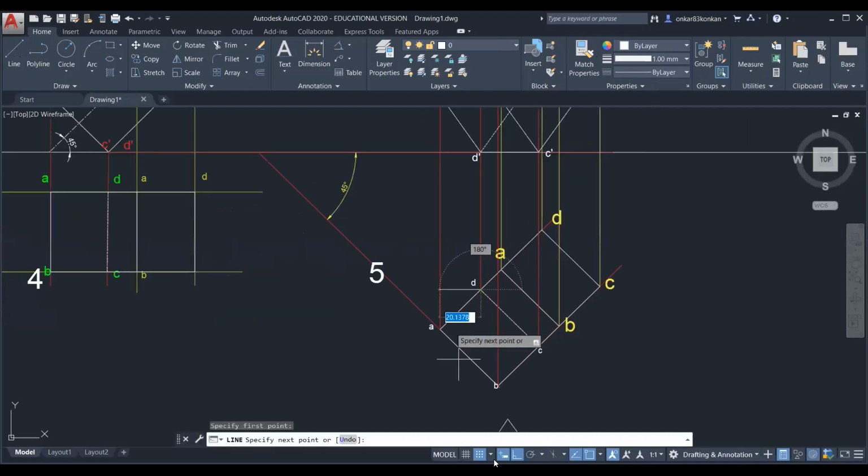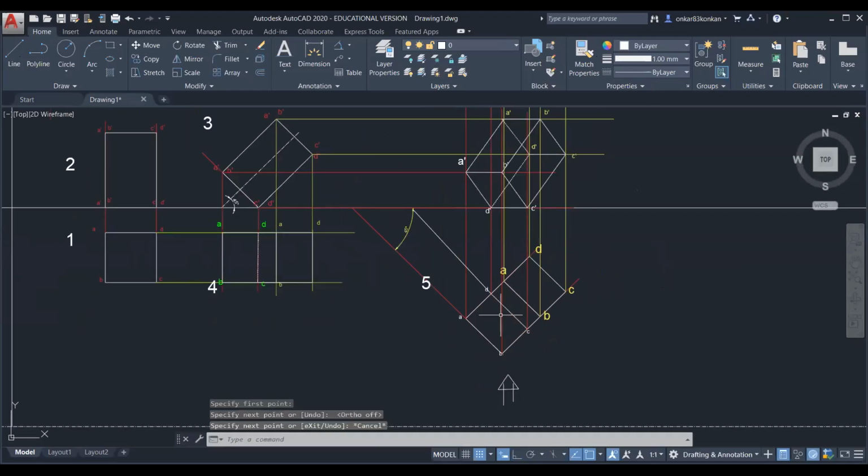So this is at 45° with respect to XY line. And then we have to draw this top view similar to the second stage top view.